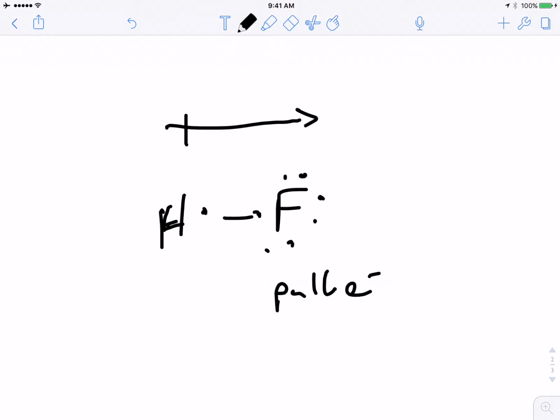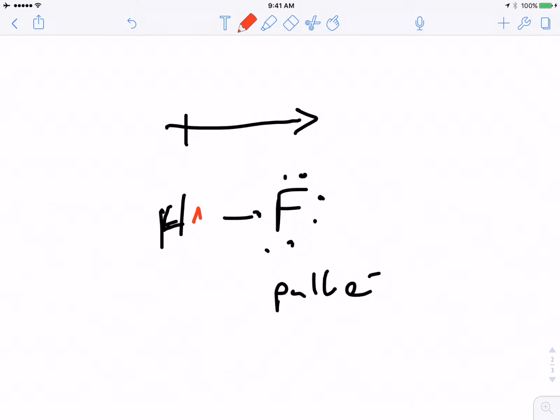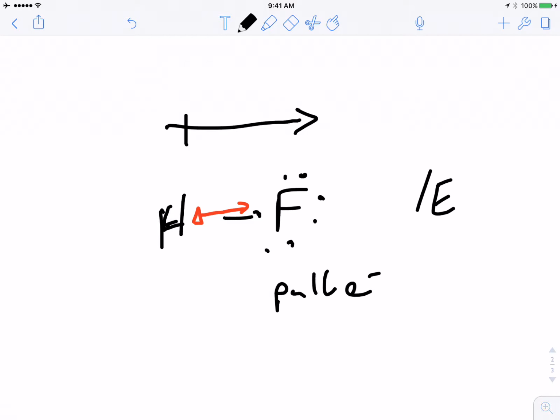Therefore, our dipole goes this way. This electron right here will be pulled that direction because fluorine is so electronegative. We know that because of our electronegativity table. That's what makes it the most electronegative. So our answer for this one, E.